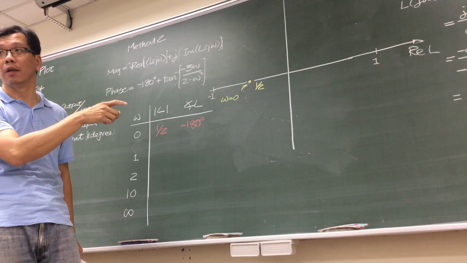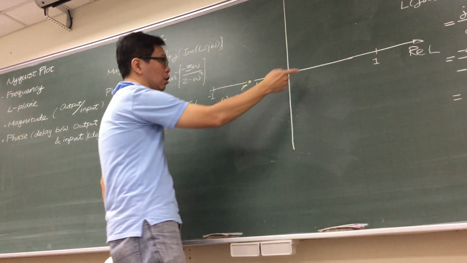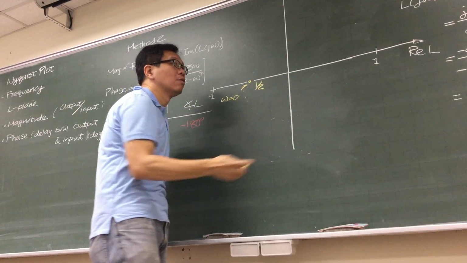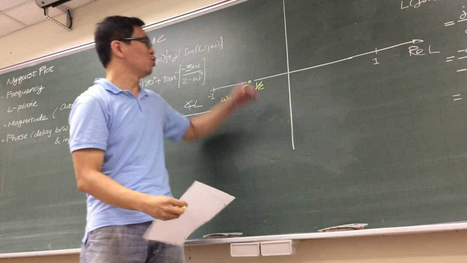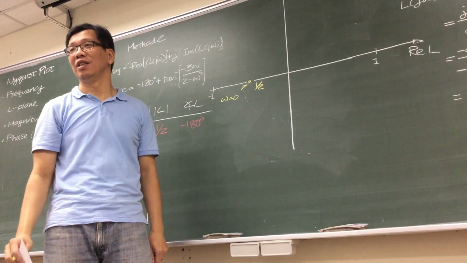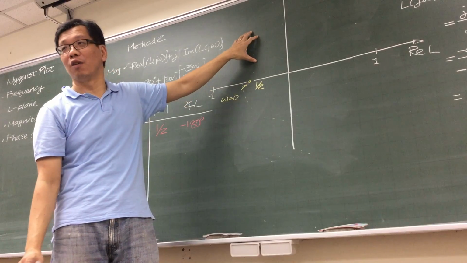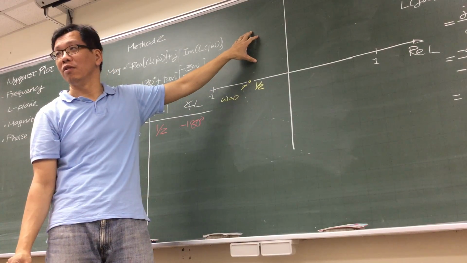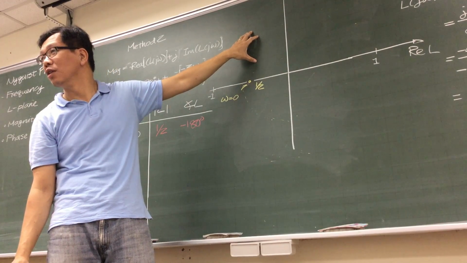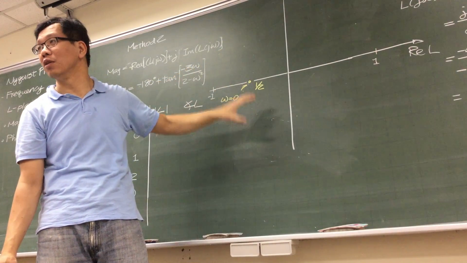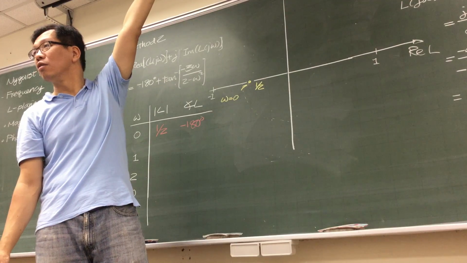Where am I looking at? This is minus 180. But let me do the imagination. It should be this point or this point. The second quadrant. Everybody know what is quadrant? 象限. So it should be the second one or the third one. Second one, third one.